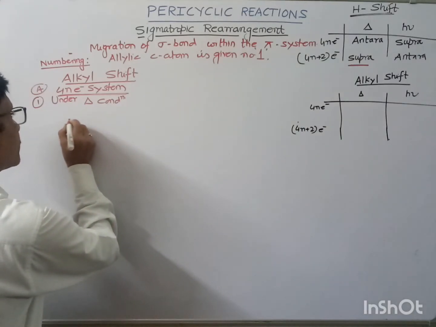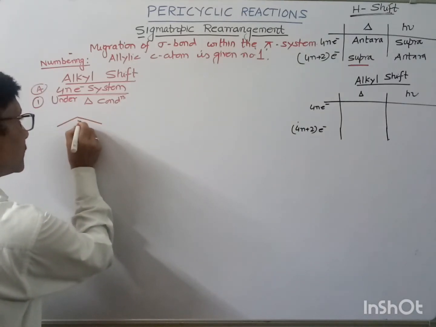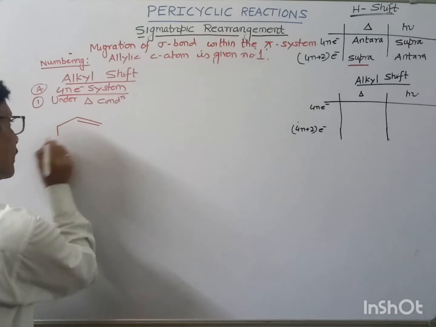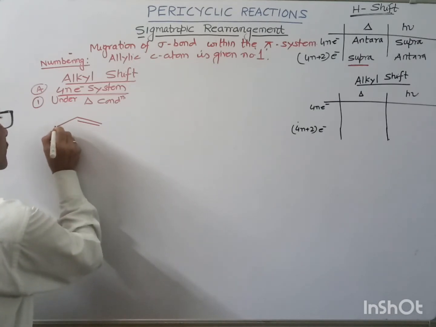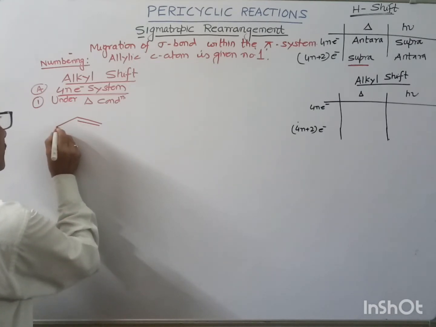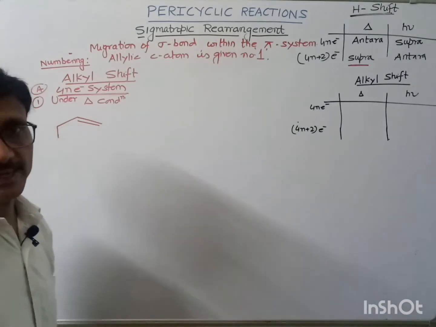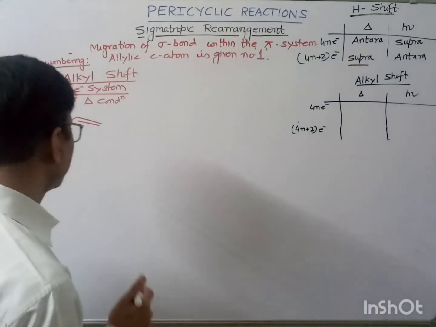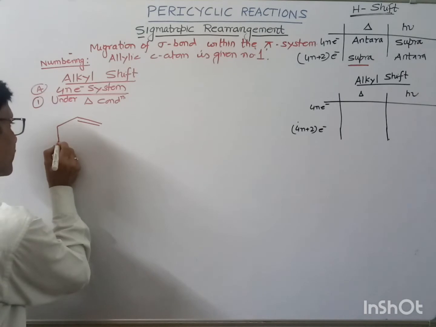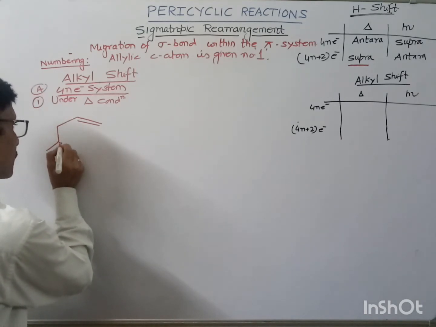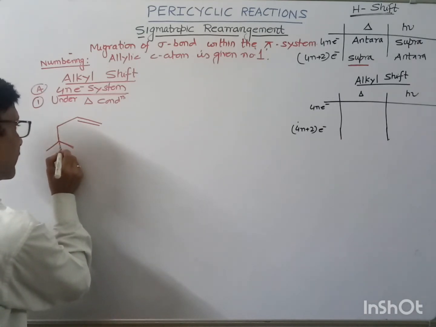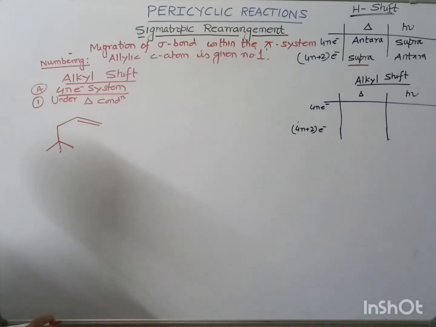Suppose here this carbon, the allylic carbon, is attached to an alkyl group, and suppose this is our alkyl group. This is our alkyl group, and this is the stereochemistry of this alkyl group.